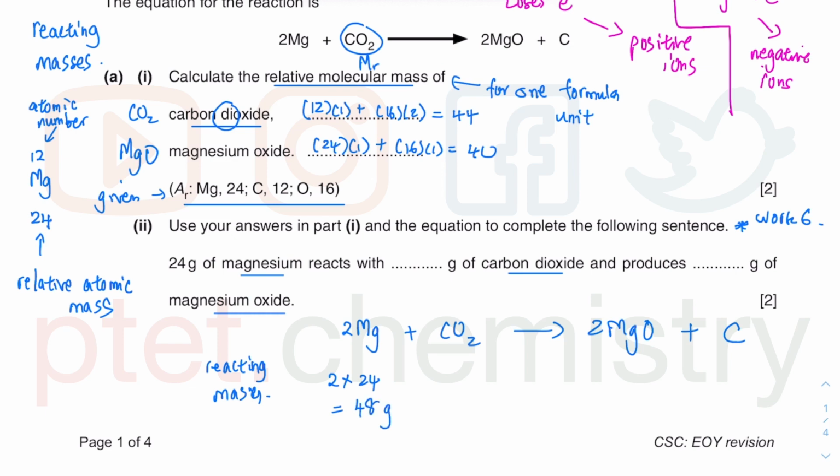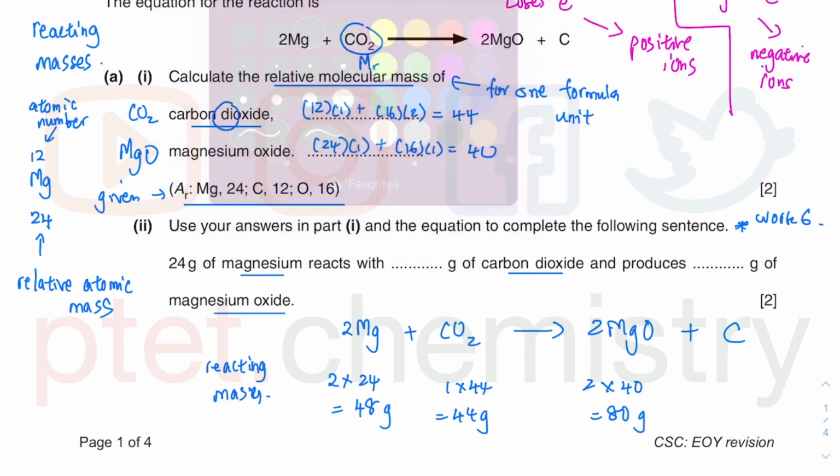There is only 1 carbon dioxide and the Mr is 44, so 1 times 44 is 44 gram. Now I have MgO, 1 mole is 40. I have 2 moles, so 2 times 40, which is 80 gram. I could do it for carbon, which is just 1 times 12, which is 12. But I don't need it because the question doesn't ask me to.